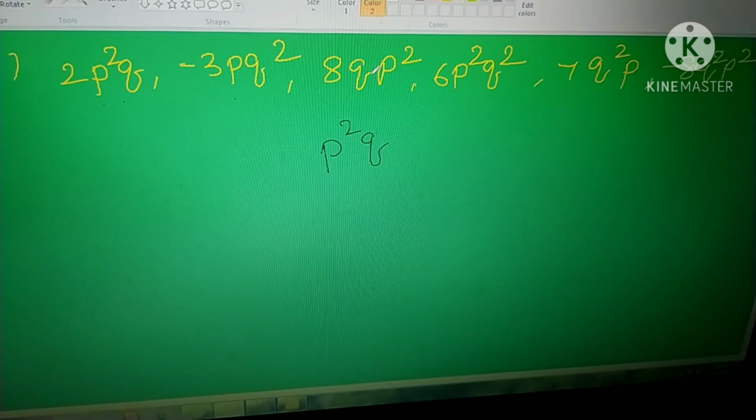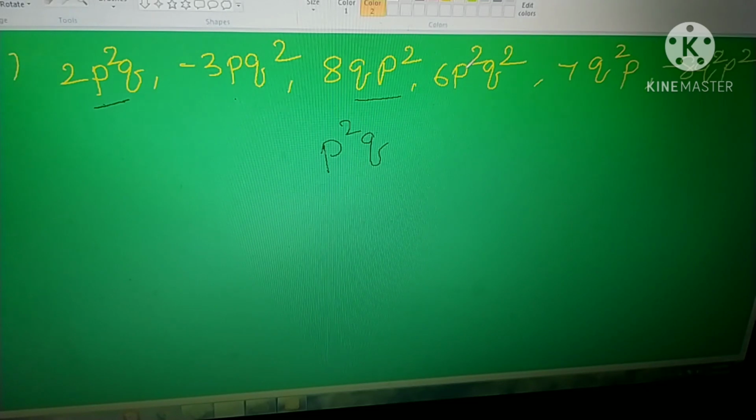So this is a multiplication, so we can interchange this one. You know that one, right? A into b equal to b into a, right? So if you multiply 2 into 3, that is equal to 3 into 2. 2 into 3 you get 6, 3 into 2 also 6. Like that, q you can write afterwards also, p square q. This is equal to p square q. So this is also one p square q term. So this is a p square q term, this is a p square q term.